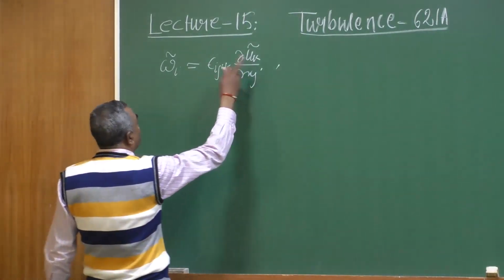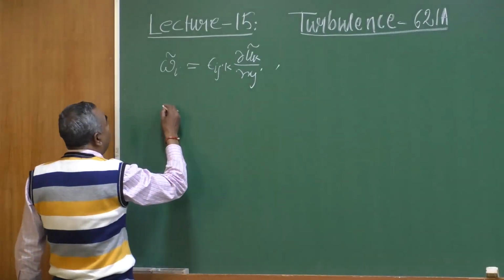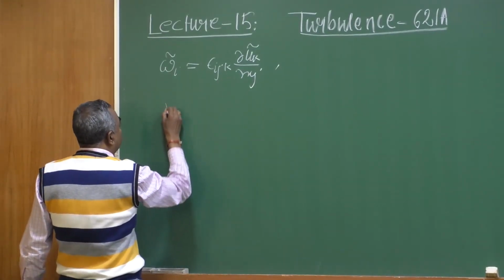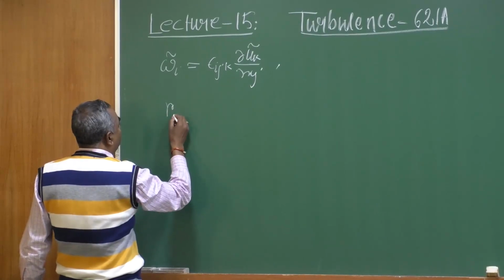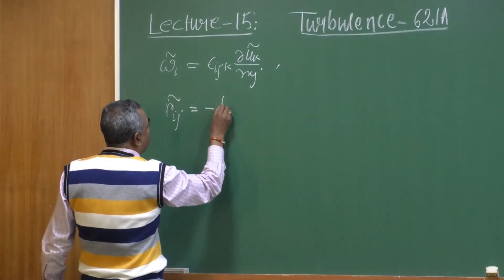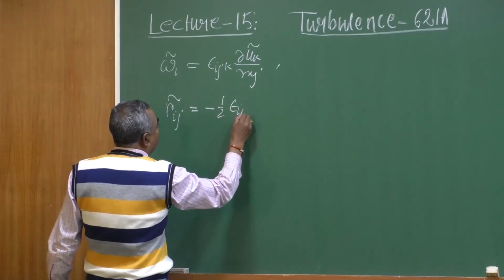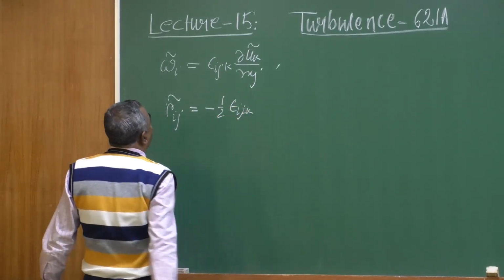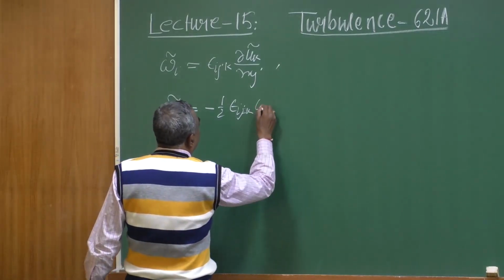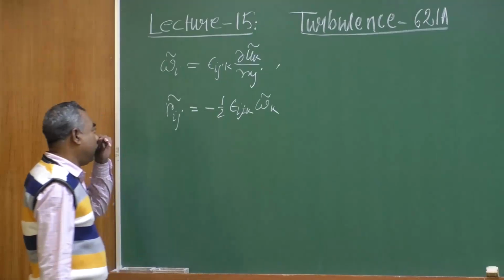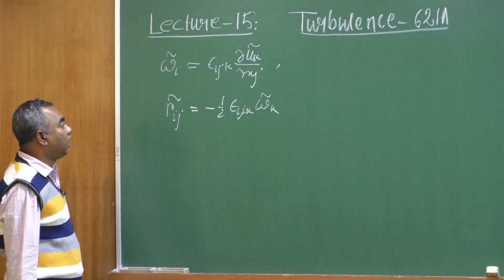So, this is the vorticity, and we have also considered the other relation, that the rotation tensor R i j is given by half epsilon i j k and omega k, right. So, this is what we have discussed in the last class.